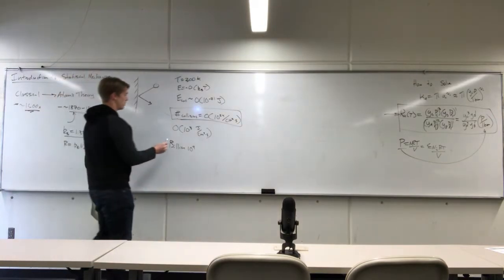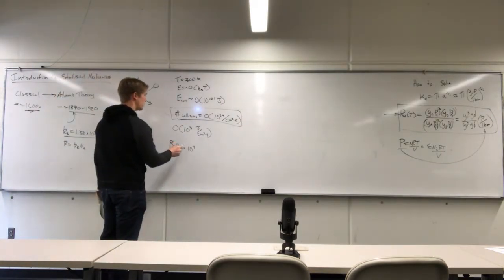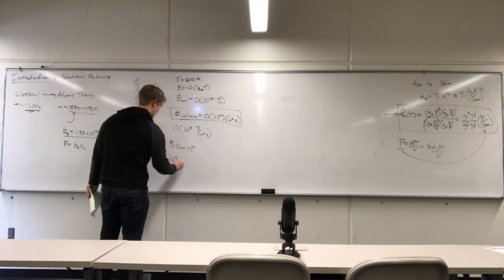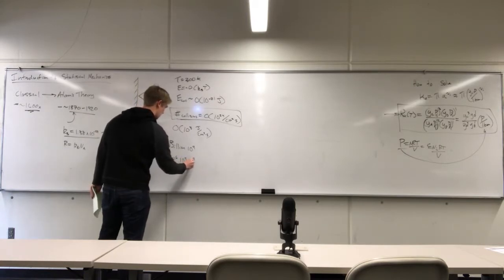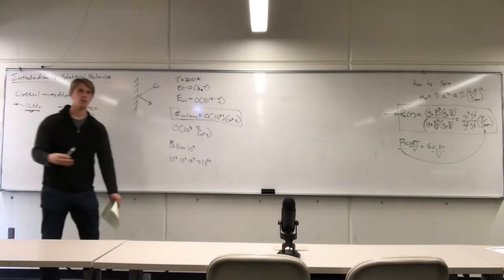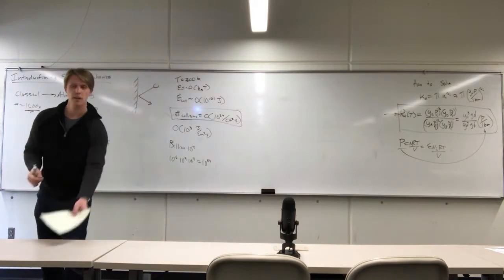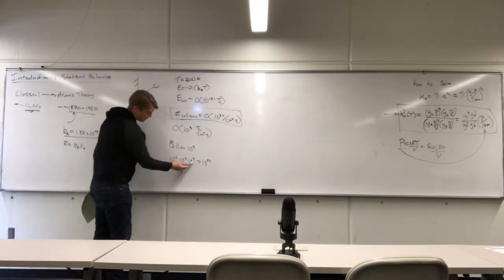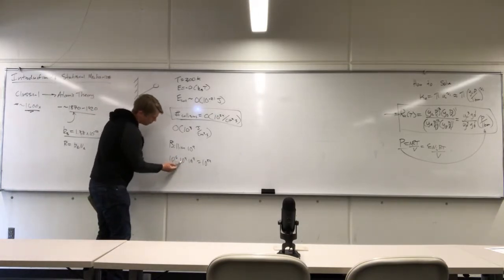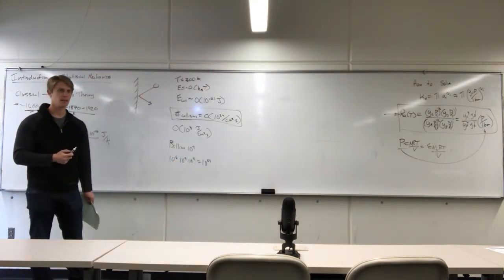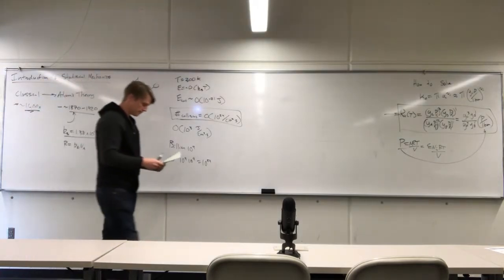So you have 10 to the 6, 10 to the 9, 10 to the 9, that's 24, yeah. So 10 to the 24 collisions per centimeter squared per second is a million billion billion collisions. Okay? So it's a big number.